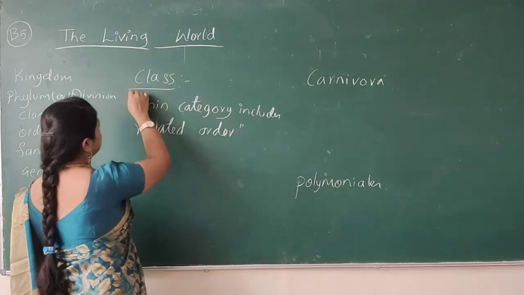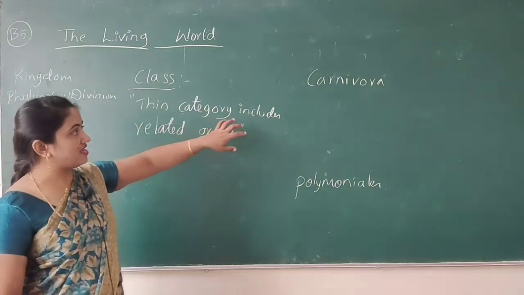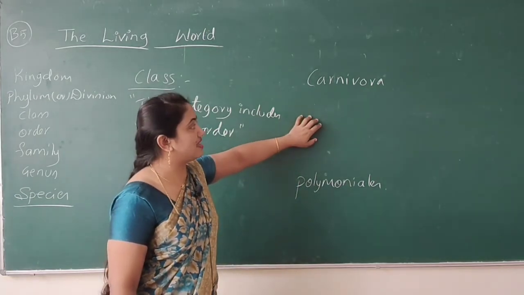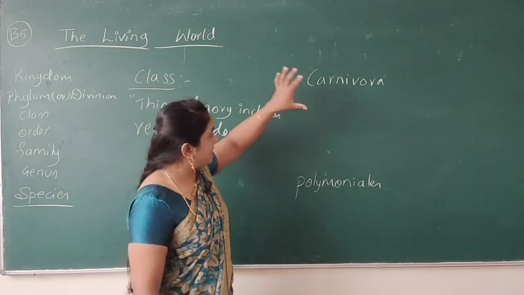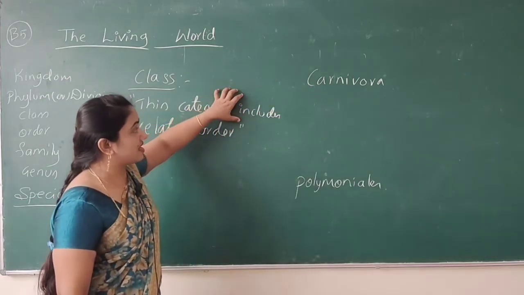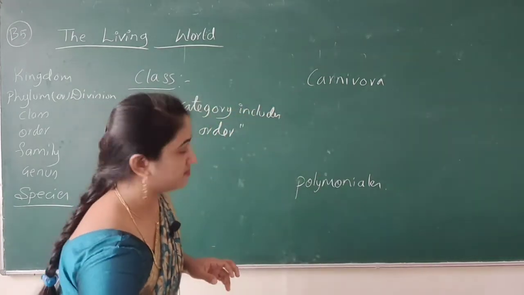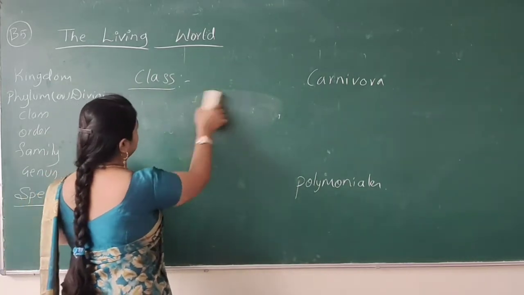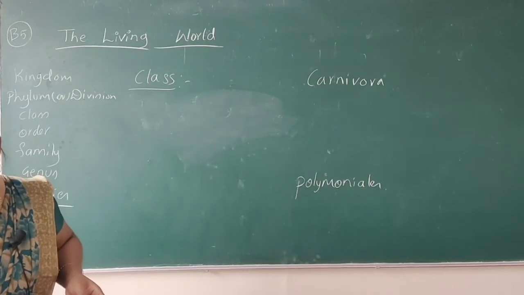This is known as class. I'll take one more class and write the common class of those two orders. So class is the category that includes related orders.